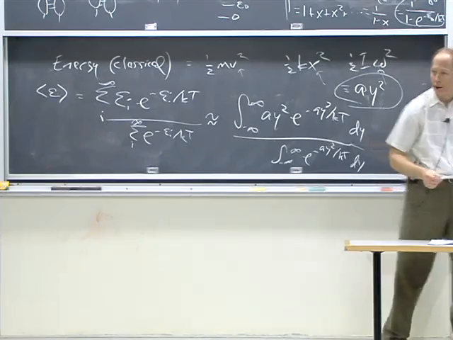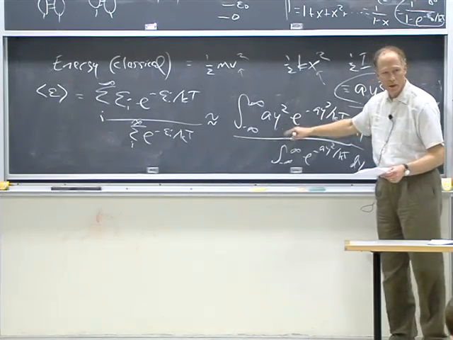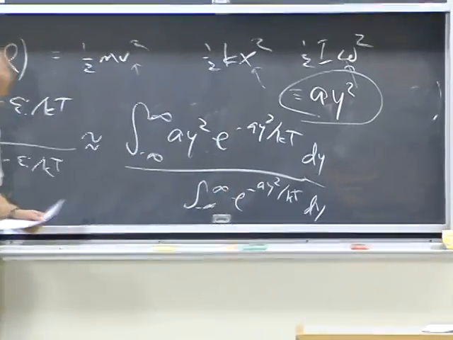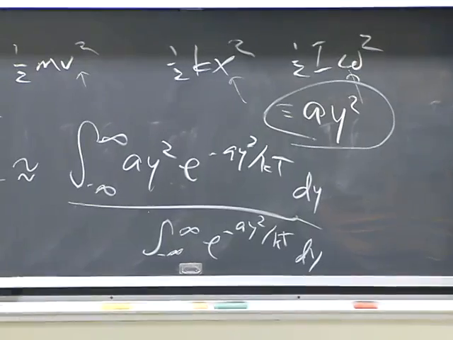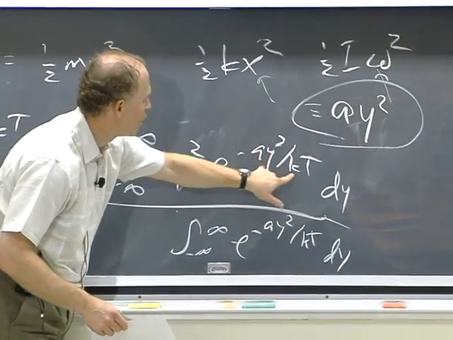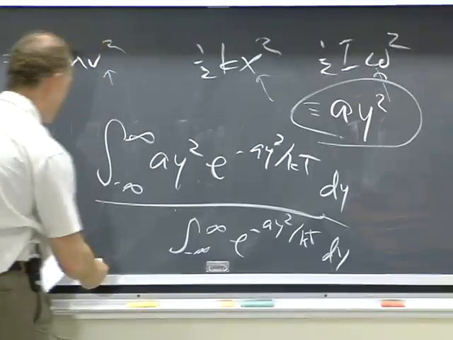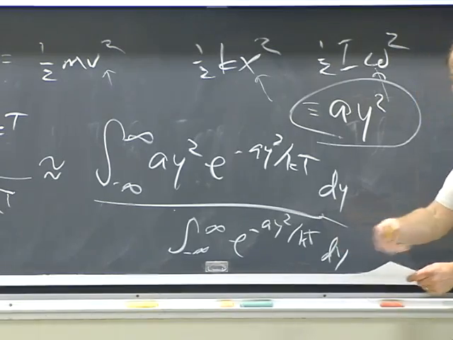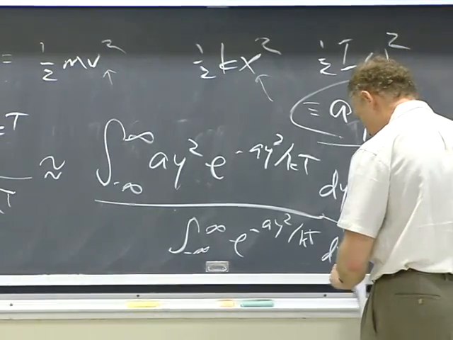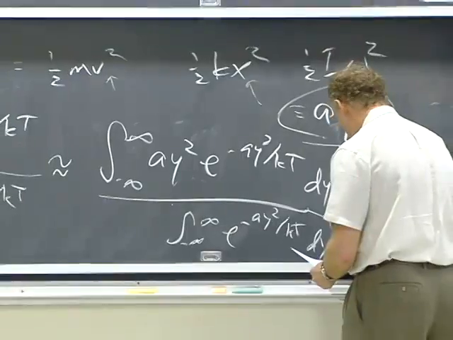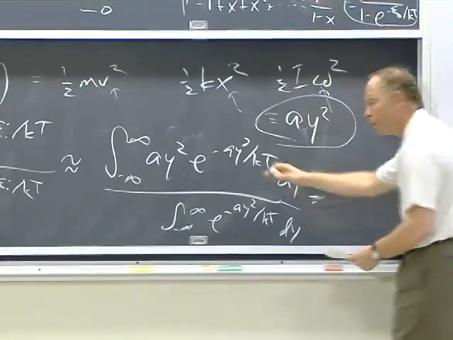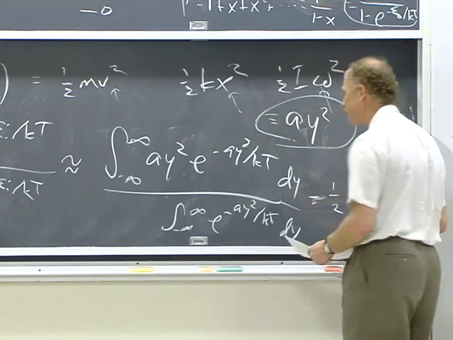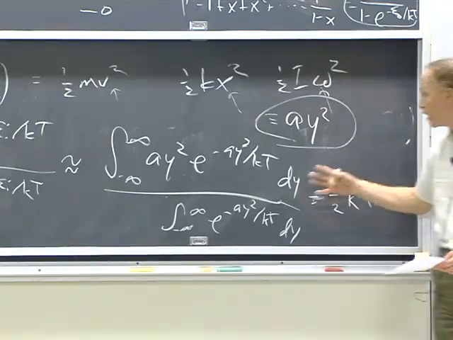If you do this integral by parts, what ends up happening is it gives you this integral times a certain number. This is going to come out of the integral. It's straightforward to do, it's in the notes, but I'll just write the result here. The result is that in this high temperature limit where you've gone to the integral form, you get 1/2 kT. Okay? And it will always be the case.